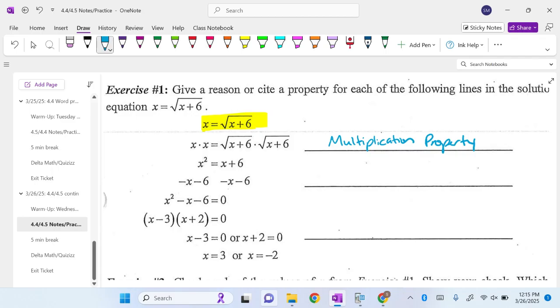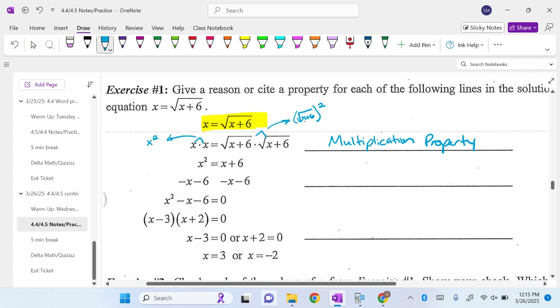Because essentially, if you have x times x, what's that the exact same thing as? x squared. If you have square root of x plus 6 times square root of x plus 6, it's the same thing as the square root of x plus 6 all squared, because that's what it means to square something.